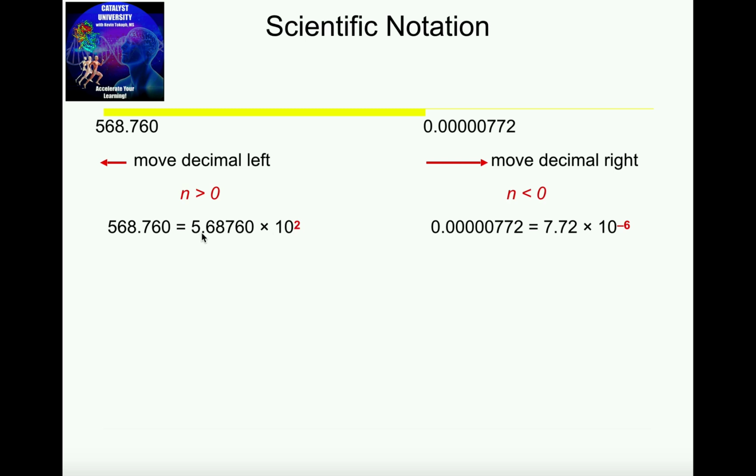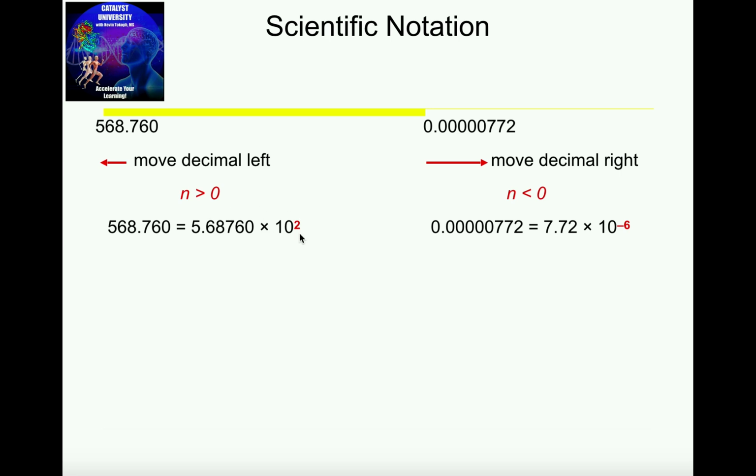So if I'm given 5.68760 times 10 to the second, to convert it to decimal notation, all I'm going to do is take this decimal and move it 2 places to the right. Okay? And that gets me right back to this number, 568.760. Now, another way you could very easily do this if you have a calculator is just type this into your calculator.